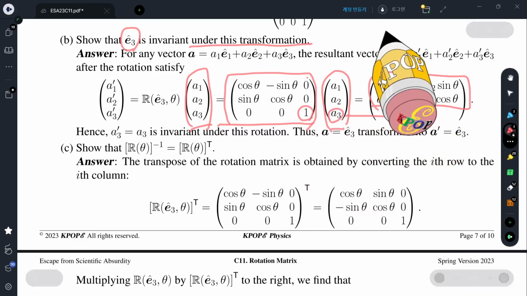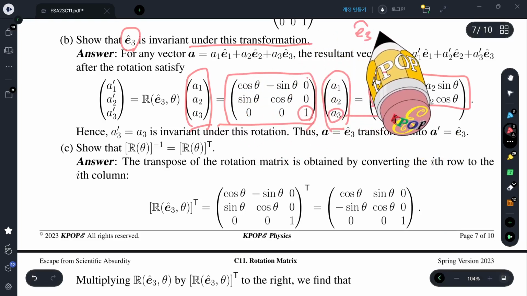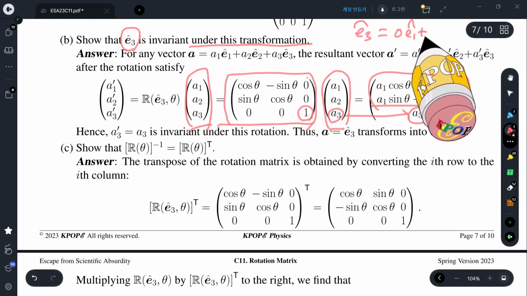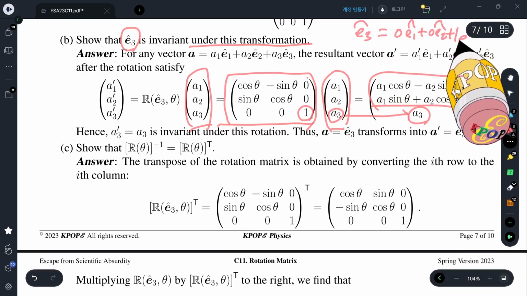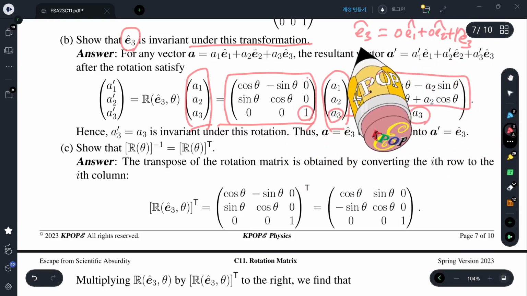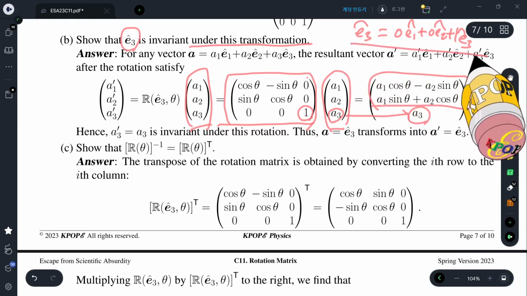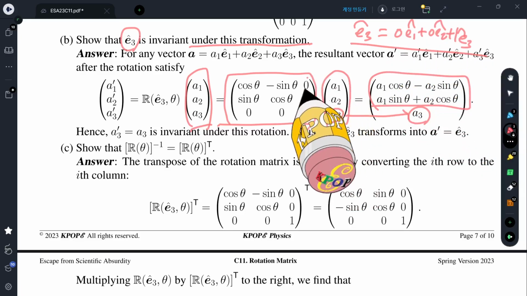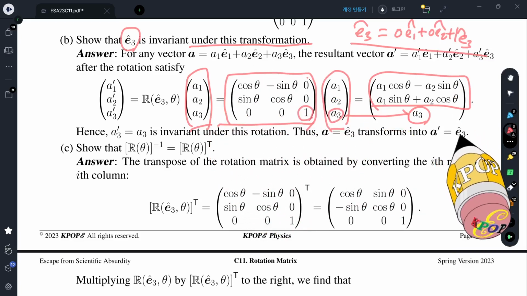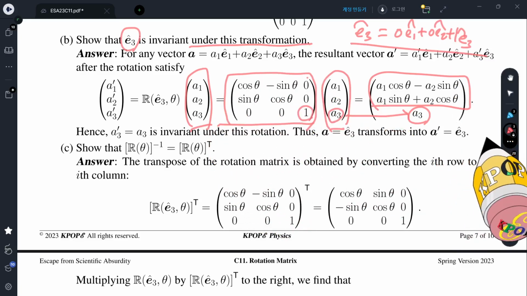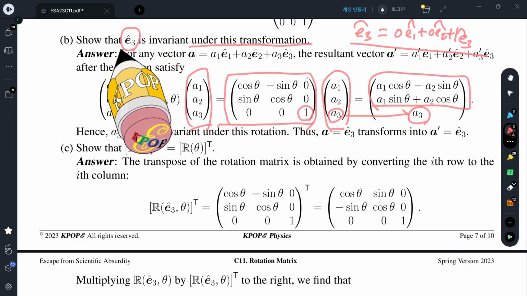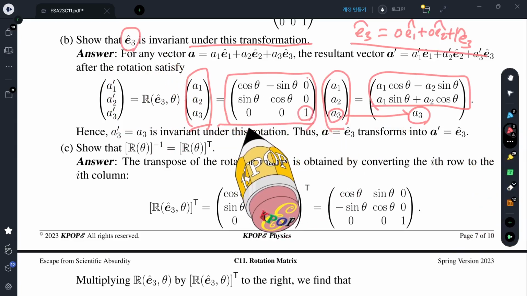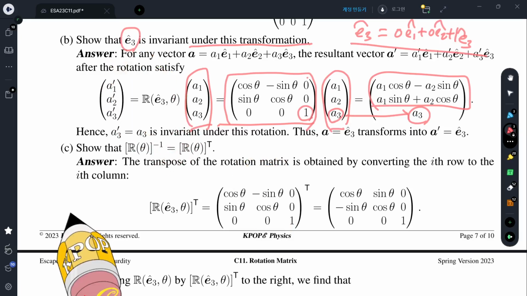The vector E3 is nothing but 0 E1, 0 E2, and 1 E3. If I express this vector in Cartesian components, the components are 0, 0, 1. If I multiply 0, 0, 1 by this, it is still 0, 0, 1. So this shows that any vector parallel to the axis of rotation is invariant under the rotation.